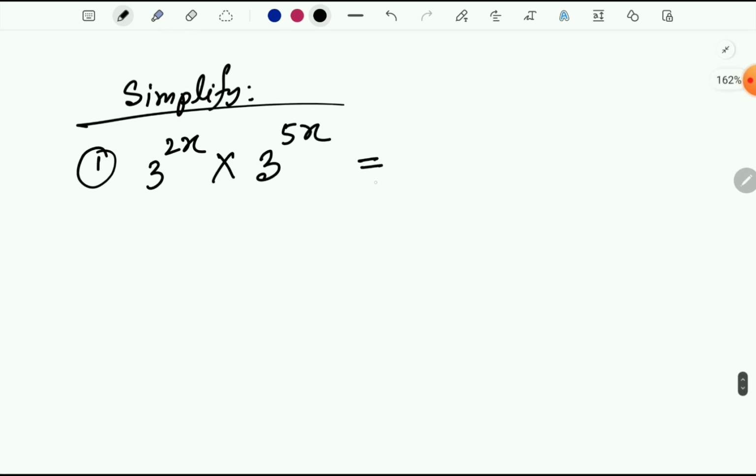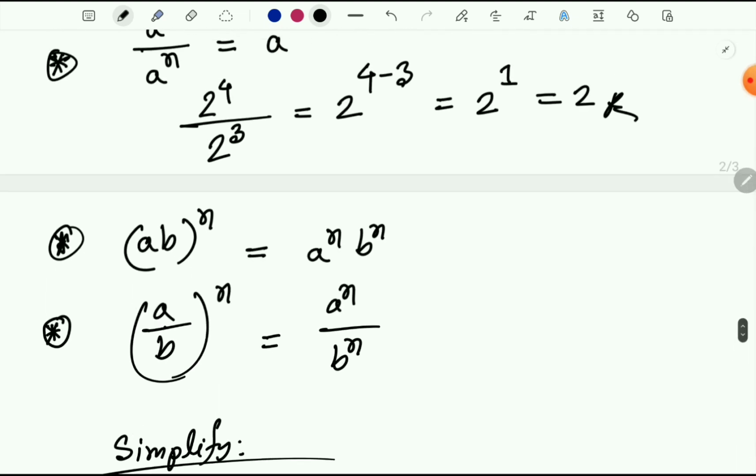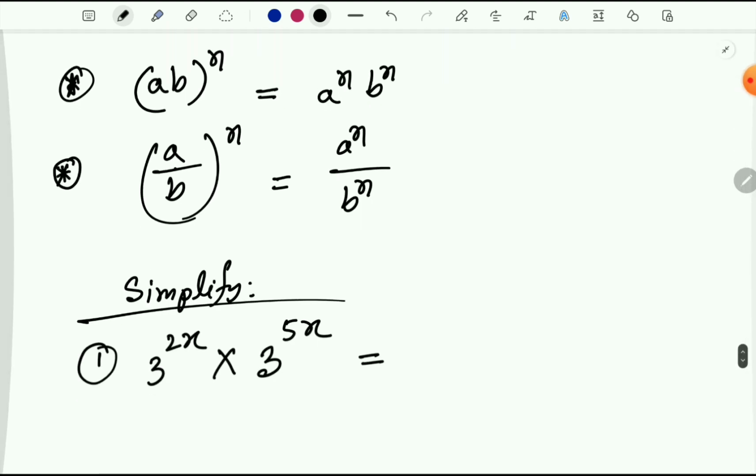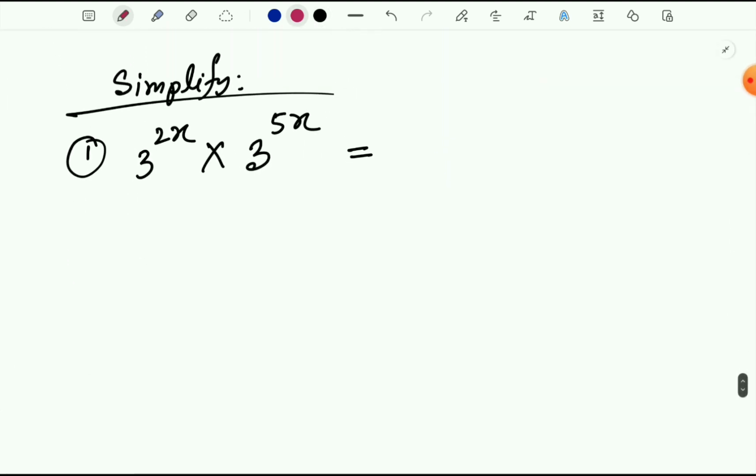We can apply the first law we learned: a power n multiplied by a power m. Here our base a is the same, the only difference is the exponent. So in this case we simply write 3 power 2x plus 5x, which gives us 3 power 7x.